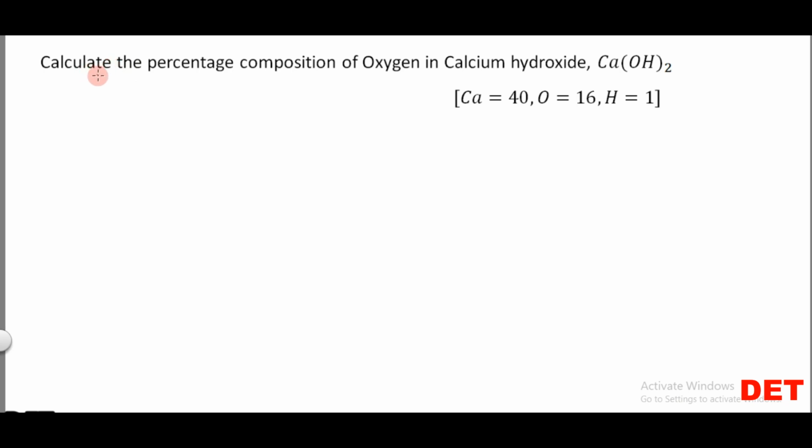Alright, so the question again is to calculate the percentage composition of oxygen in calcium hydroxide.